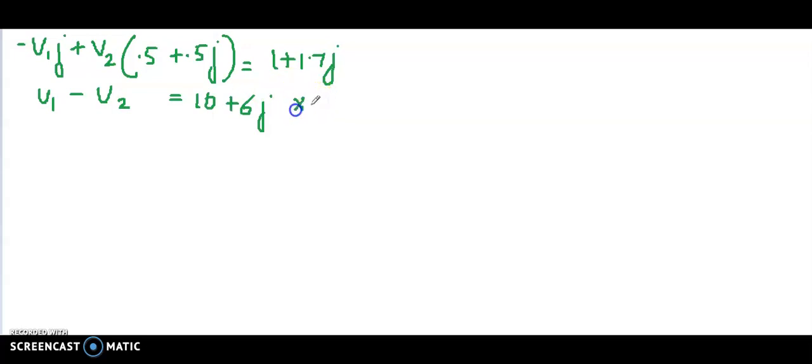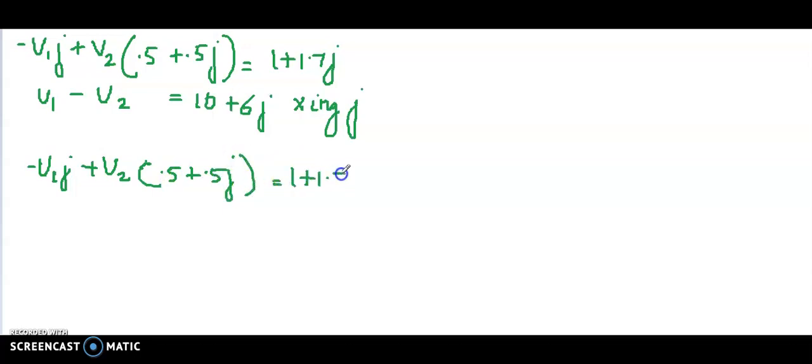These are the two equations, and on multiplying the second equation by j, you will get minus V1j plus V2 into 0.5 plus 0.5j is equal to 1 plus 1.7j, and the second equation by multiplying by j becomes V1j minus V2j is equal to 10j minus 6.